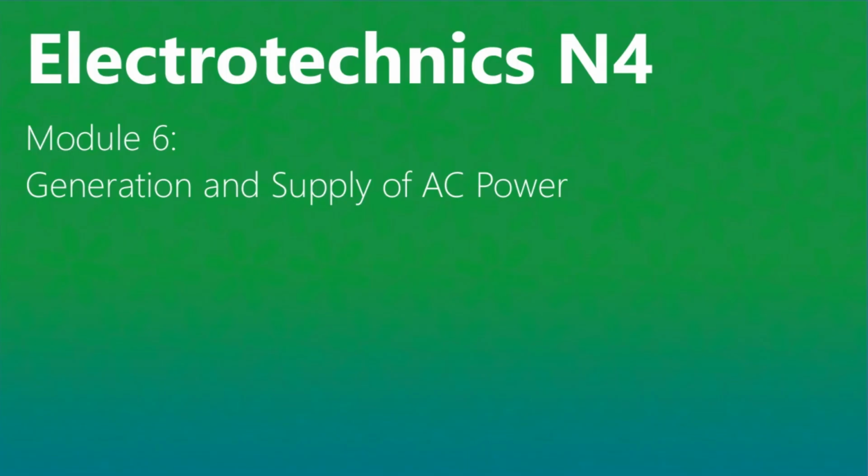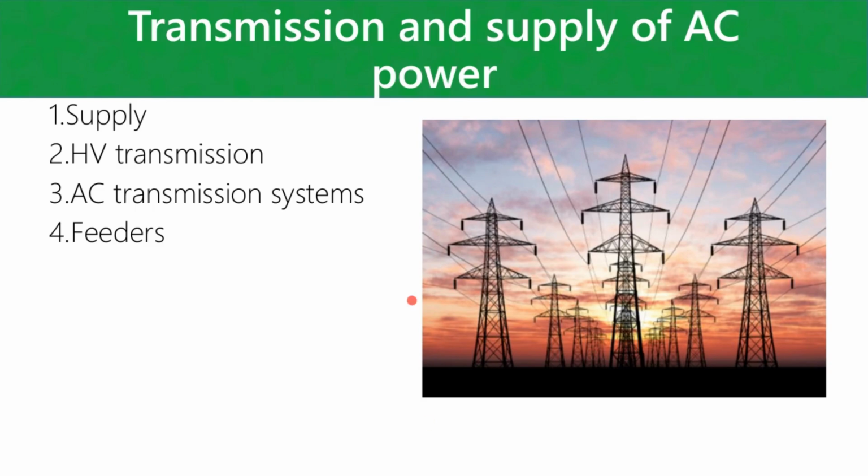Right, so for module 6, generation and supply of AC power. This is pretty much just a read-through module that you can just go through. There is a little bit of general knowledge on this as well. What I would recommend is that this is a place where the department can ask terrible questions.